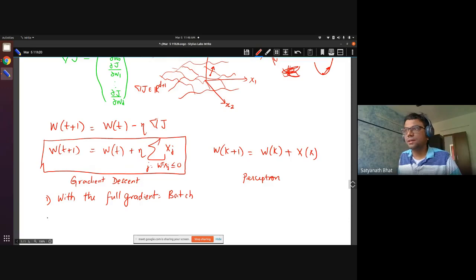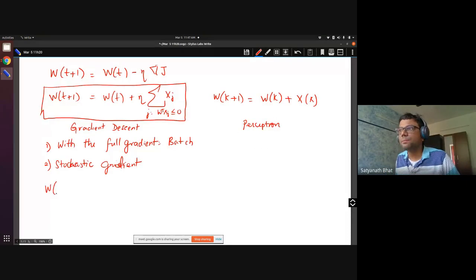Instead, we can also do what is called stochastic gradient. We can take the stochastic gradient where, instead of taking the entire sample, you just take one of the xj's, whichever you like, where wt transpose xj was less than or equal to 0.